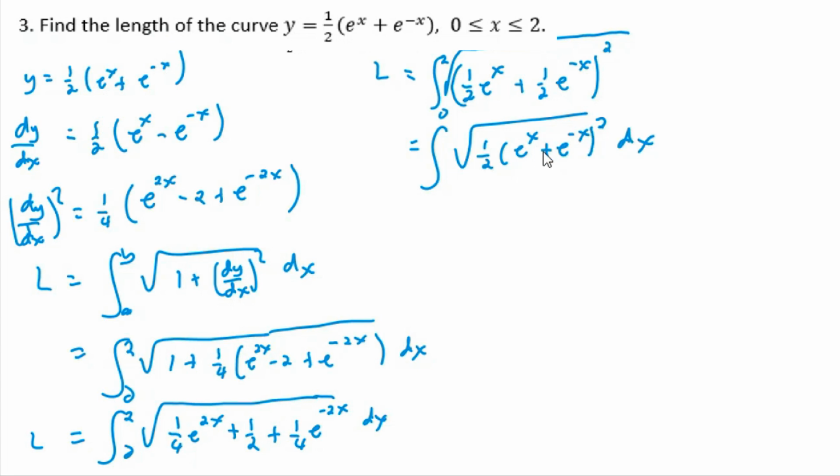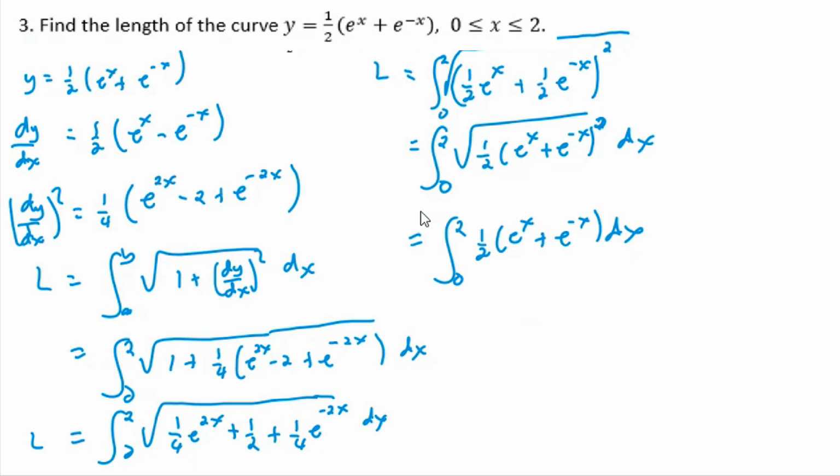So the quantity e raised to x plus e raised to the power of negative x will be raised to the power of 2, with the interval from 0 to 2. So the radical sign and the power of 2 will be cancelled. So we have now the integral of 1 half times e raised to x plus e raised to the power of negative x dx from 0 to 2.